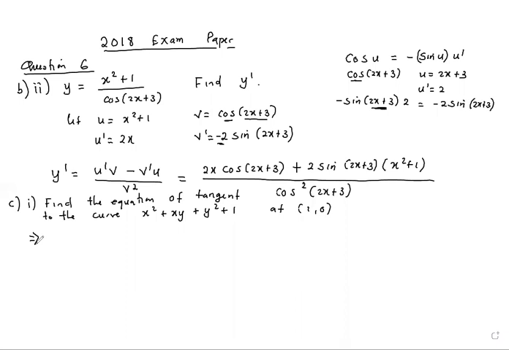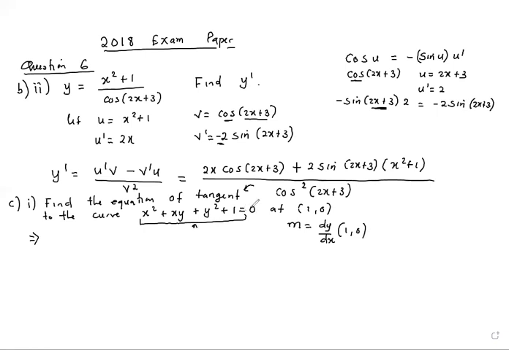So x squared, for you to get the equation of the tangent, you need the gradient. The gradient is dy/dx evaluated at the point 1, 0. So let's find dy/dx. To find dy/dx of this function, this equation is supposed to be equal to 0.